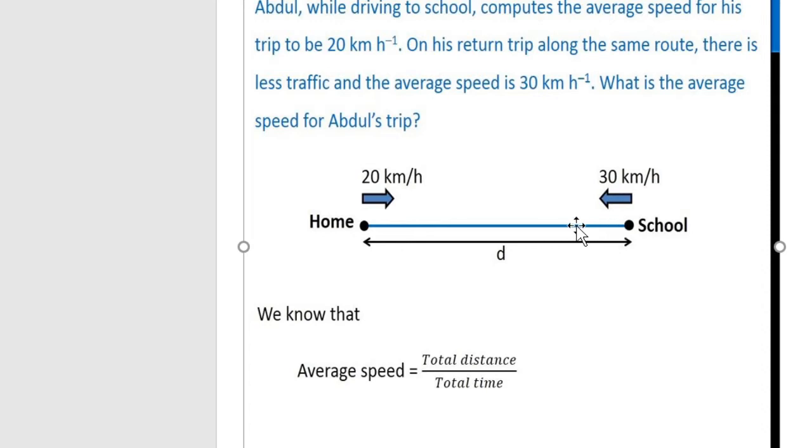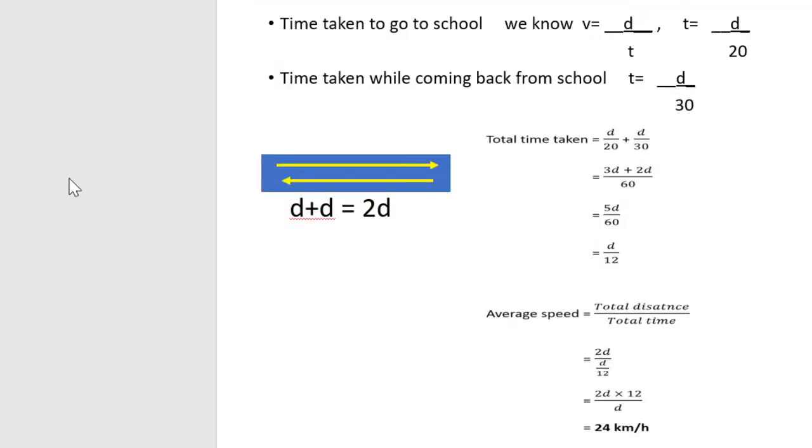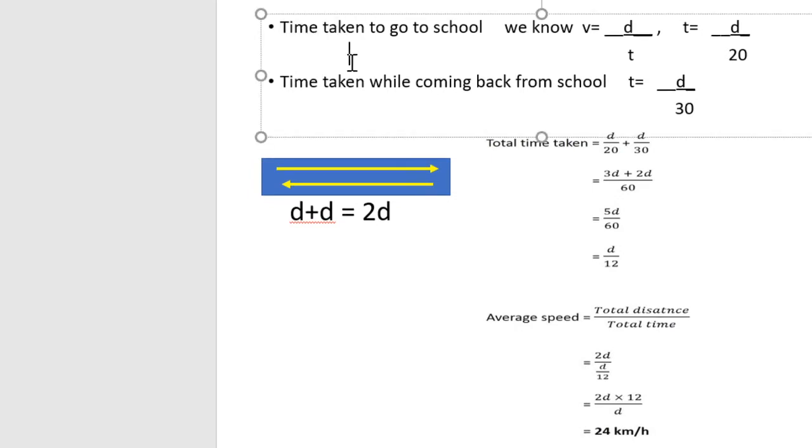Okay, so if we have to calculate average speed, what is the formula? Total distance upon total time. So just remember this formula. We will come back in a while to this formula. Now first calculate the time taken to go to the school. We know the simple formula of speed is equal to distance upon time.